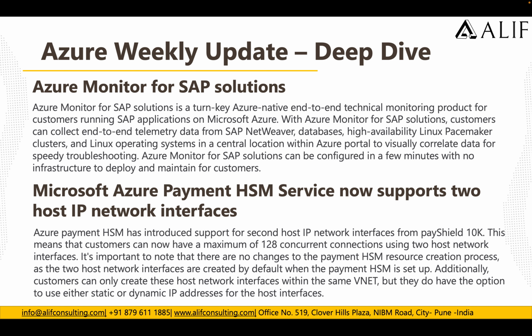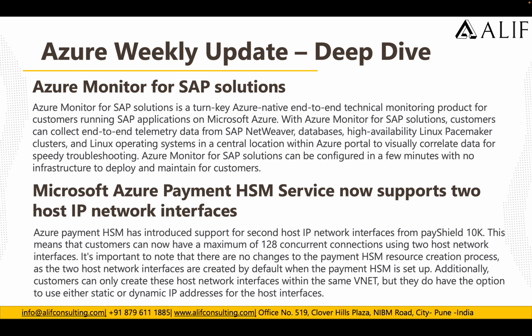The next update which we have is for Azure Payment HSM Service. It can now support two host IP network interfaces. Azure Payment HSM has introduced support for a second host IP interface for payShield 10K. This means the customer can now have a maximum of 128 concurrent connections using the two network host interfaces.